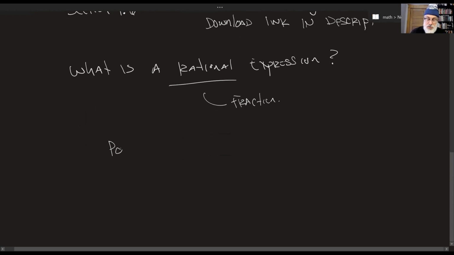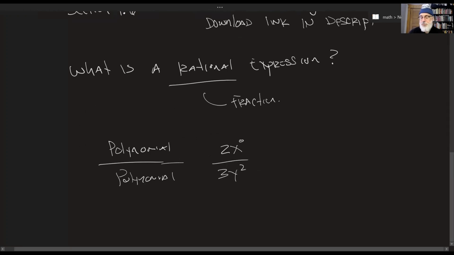Now it could have a polynomial on top and a polynomial on bottom. Now we think of constants as a polynomial if we think of it as being some number, say 2, where there's x to the 0, and say 3y squared. This is a rational expression.